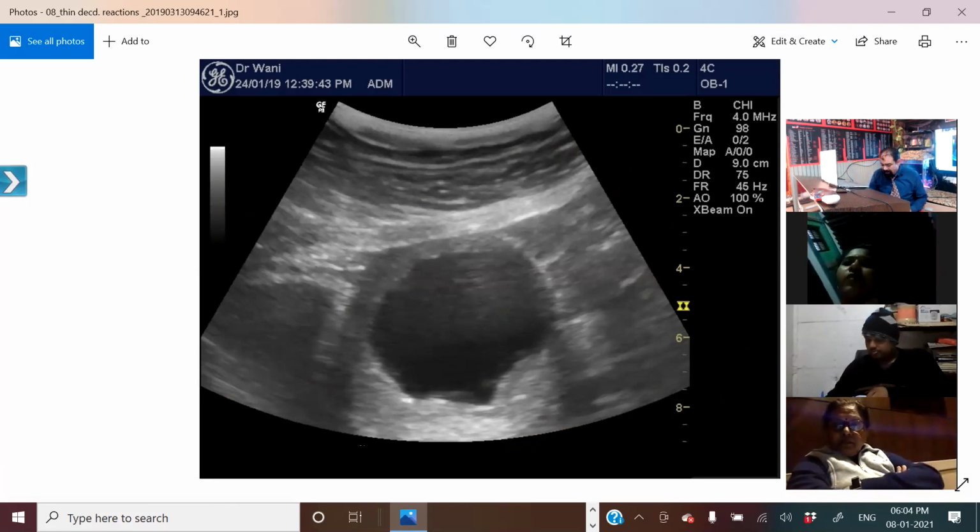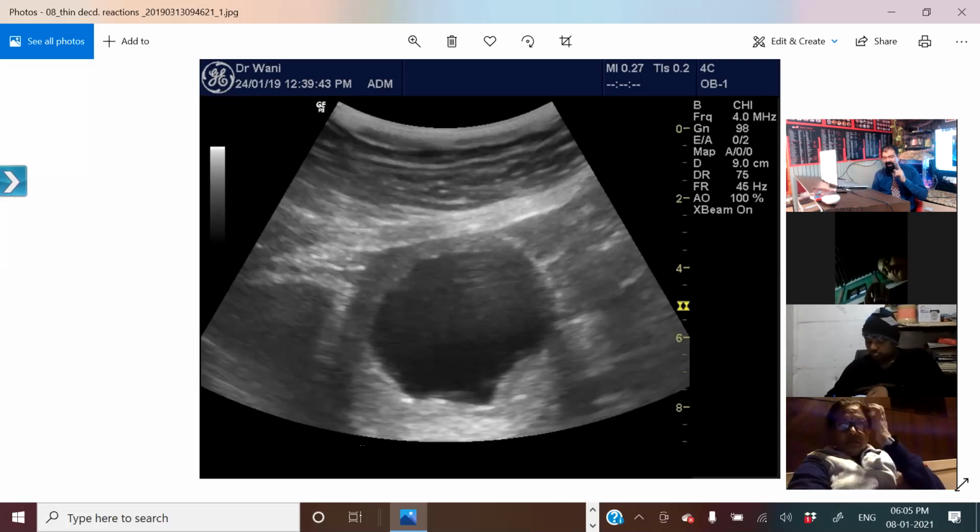Now, how big should a gestational sac be so that I can see the embryo? Please note it down. On TVS, on transvaginal ultrasound, the cut-off is 16 millimeters.